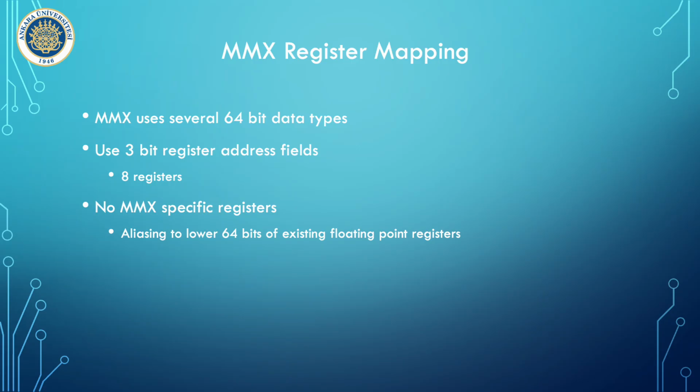This means that the lower 64 bits of the floating point registers are reused for the MMX operations. The advantage is that no additional physical registers are needed, but the disadvantage is that MMX and floating point instructions cannot be freely mixed without managing this overlap.